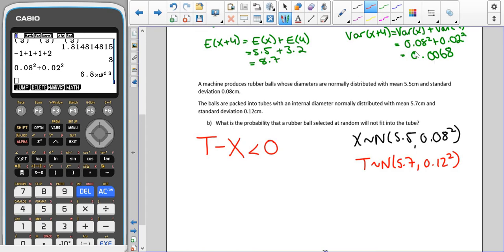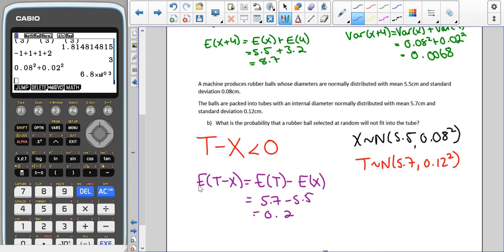So to begin with, I need to find out what this distribution is. I'm looking first at what the expected value of T minus X is, which is going to be the same as the expected value of T minus the expected value of X, which gives me 5.7 minus 5.5, which gives me 0.2.